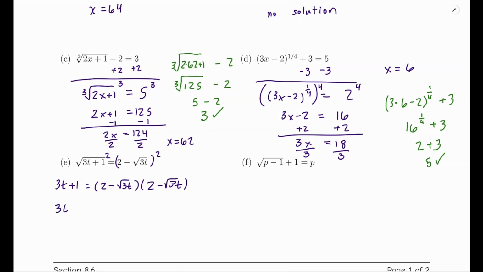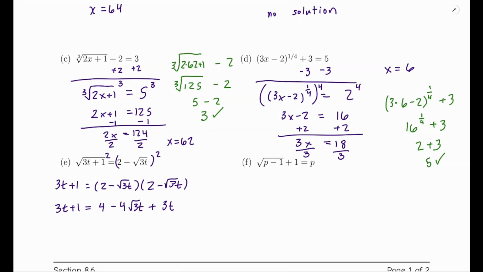So this becomes 3t plus 1 equals 4 minus, so that's 2 times 2. Then we would have 2 times square root of 3, and we'd also have square root of 3 times 2. Those are the same thing, so we would get negative 4 square root of 3t. And then we would have square root of 3t times square root of 3t, which is just 3t, but negative times a negative is positive.